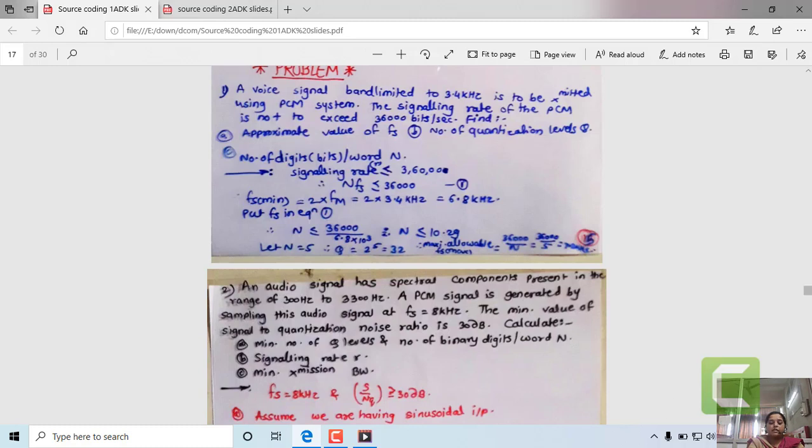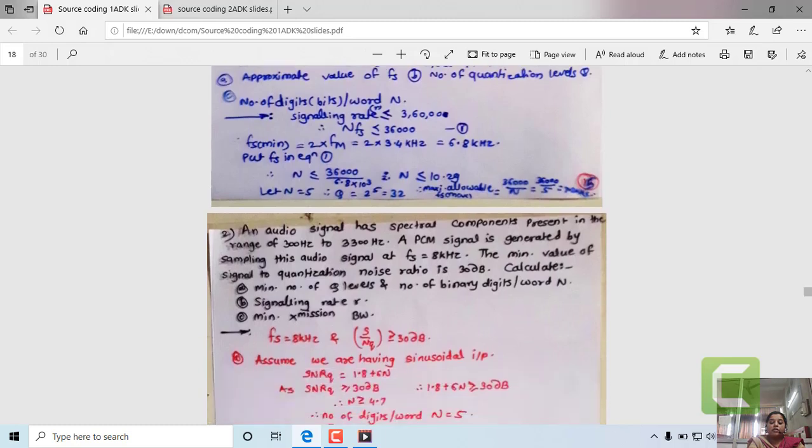The data in our hand is Fs as 8 kHz and the SNR value should be a minimum of 30 dB. It will be applicable as greater than or equal to 30. The PCM system has the SNR equation 1.76, which can be rounded off as 1.8, plus 6n.